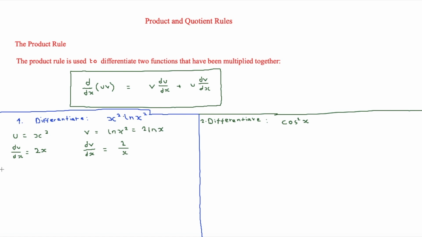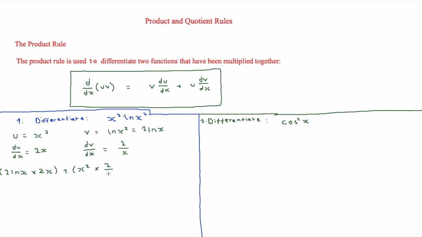So therefore, what we have is 2 ln x, and that is times by du over dx, so that is times by 2x. Then we have u times dv over dx, so that means that we're going to plus, and then we have x squared times by 2 over x.